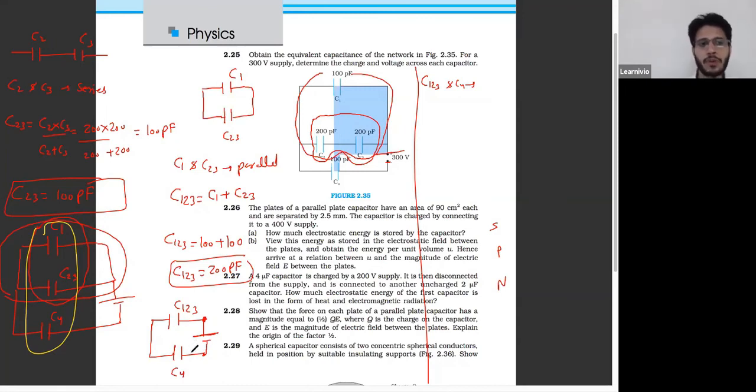If I'm moving from here to here, there's no branching. If there is no branching, that means these two capacitors are in series. Whether I draw it like this or this way, it is the same thing. Just by changing the position of a cell or battery, the equivalent capacitance does not change.